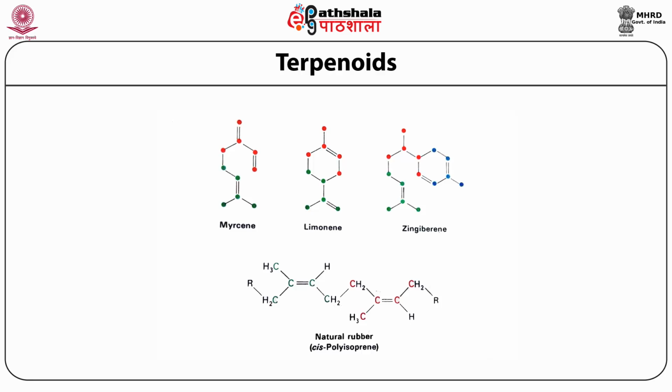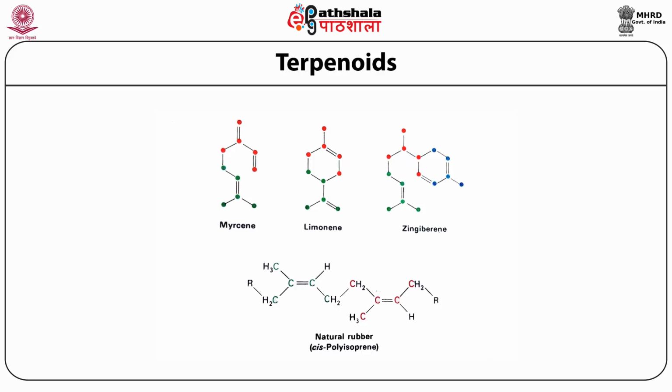Limonene, the well-known fragrance compound from lemon oil, also is a C10 compound, and hence is formed from 2 isoprene units. The fragrance compound zingiberene from ginger oil is bigger and has the molecular formula C15H24.